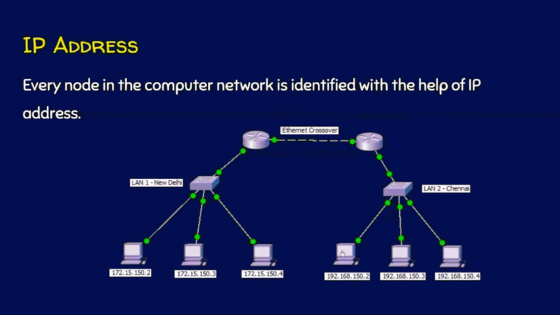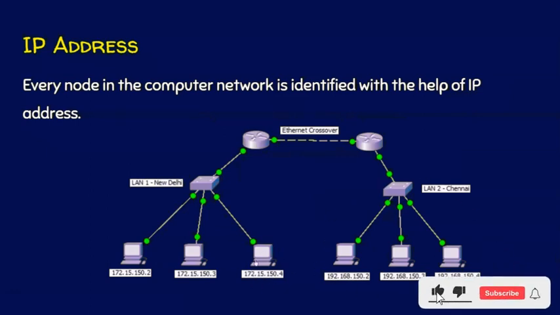For example, this computer is assigned 192.168.150.2 and this is 150.3 and this is 150.4. So I can take this computer and place it here and assign it 192.168.150.5, and thereby we can make this newcomer participate in the local area network.